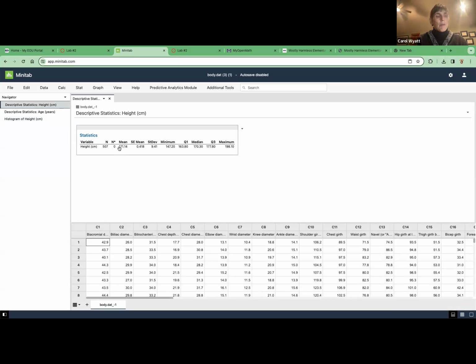If I add to 171, I get 180.5, and if I subtract from 171, then I get 161.5. So I'm looking at this right here.